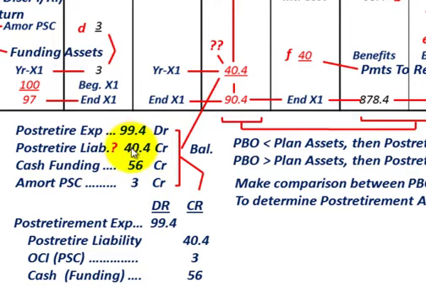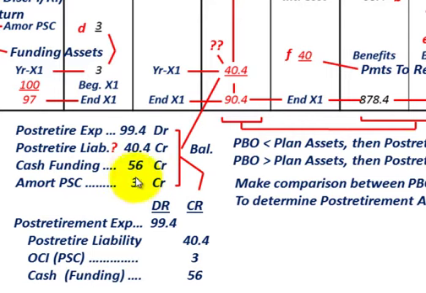So what we would do here, again, it becomes a plug for our post-retirement asset or liability, and it actually became a liability here. We came up with a credit of $40,400, and that's simply where we had our debit amount for the post-retirement expense of $99,400, and then we had these two other credits: $56,000 for cash funding, and a credit of $3,000 for the amortization of prior service cost.